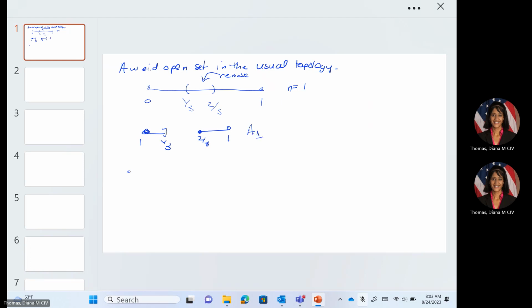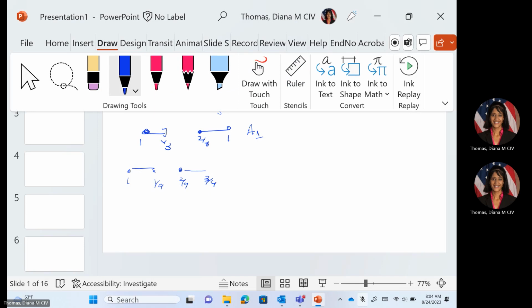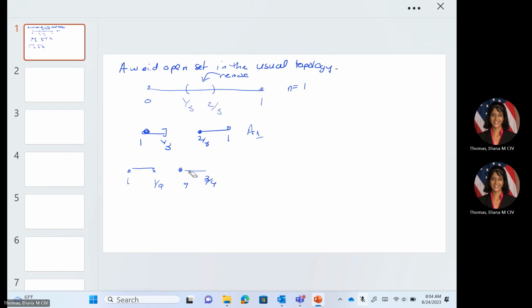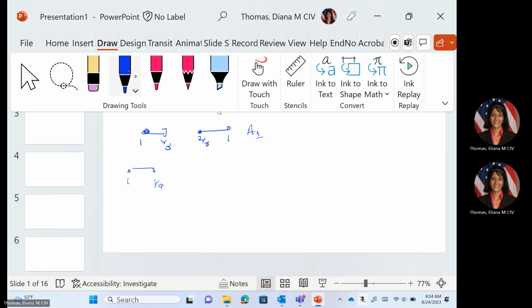A0, A1. A2 would be from 0 to 1/9. And then I'd get 4 pieces, 2/9 to 3/9. Oh, sorry. Is it 0 to 1?